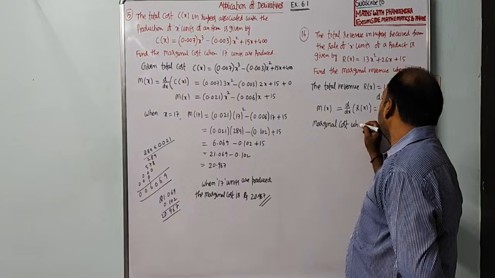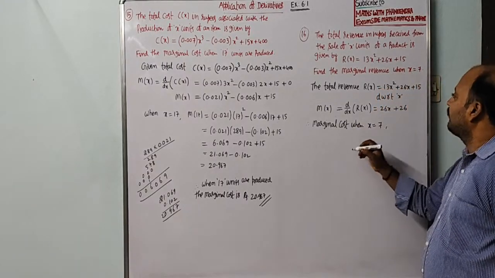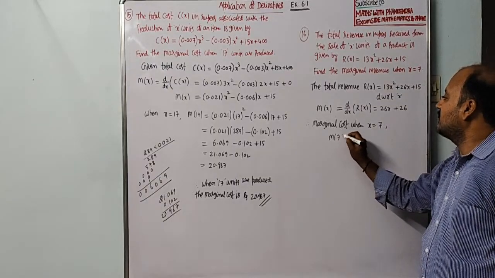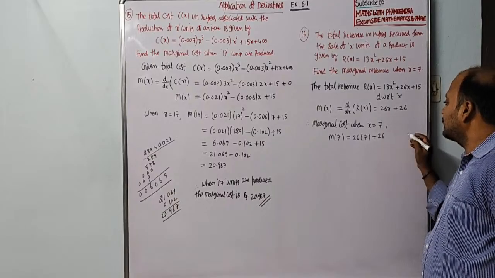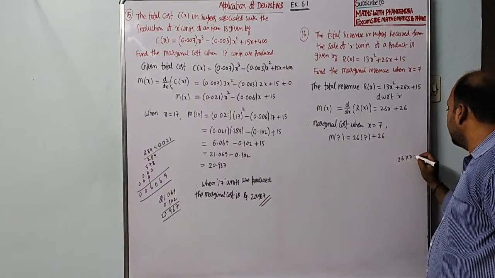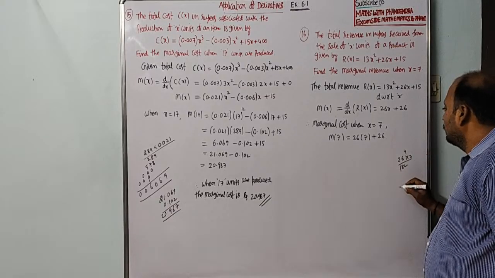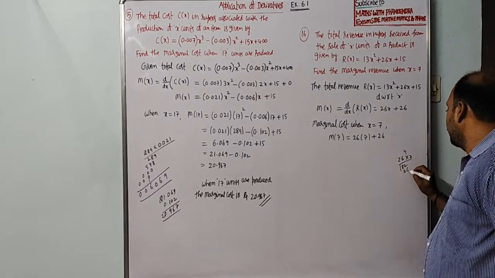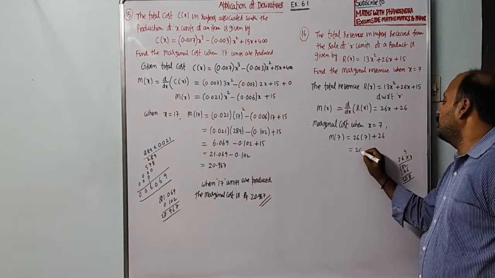Marginal cost when x is equal to 7 units. So M of 7 is equal to 26 into 7 plus 26. So 26 into 7 we need to do that. So 208 rupees.